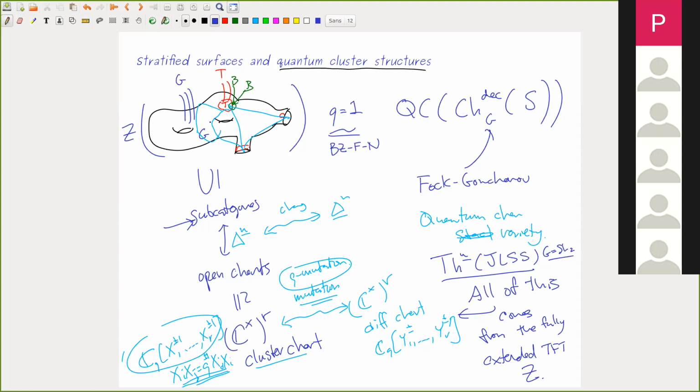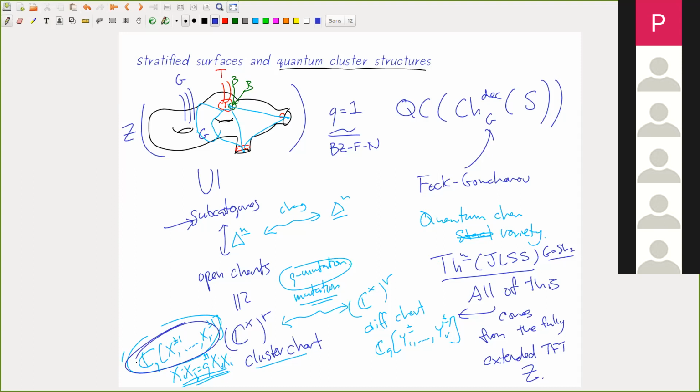If I choose a triangulation, then I can apply the TFT rules, and it tells me a way to build this surface out of all these simpler triangles. And I just do the computation that the higher structure asks me to compute. And on the nose, I find that I get a quantum torus. And then I say, okay, but that was a choice I made. I'll now make a different choice.